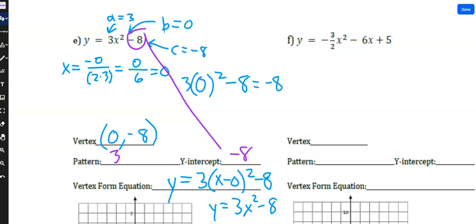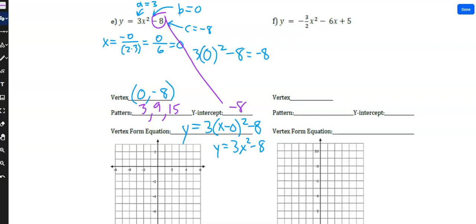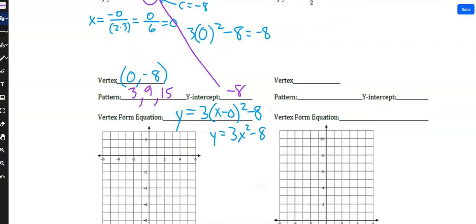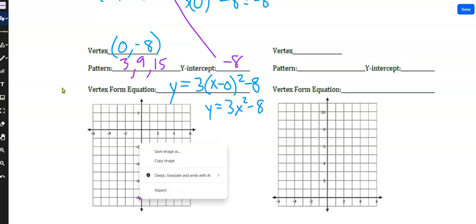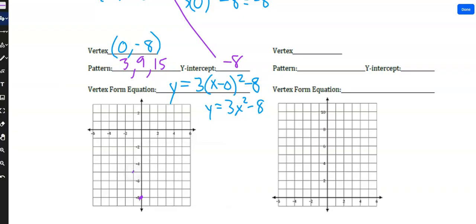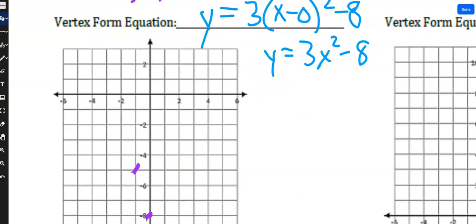And if I use the 1a, 3a, 5a method, I would get 3 and 9, and 5 times 3 is 15. And so we can find 0, negative 8. And go 1 left or right, doesn't matter which way you go first. And up 3. And then up 9, right?